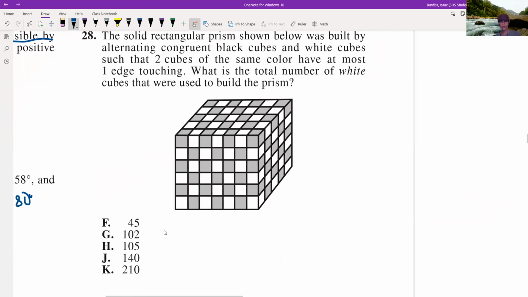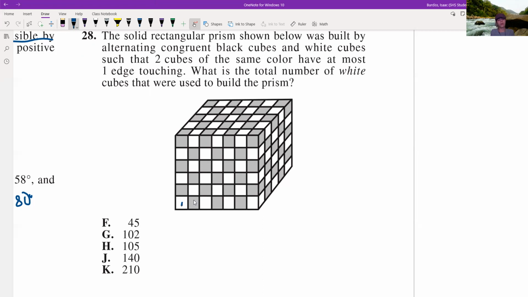What is the total number of white cubes that are on this prism if on all sides it cannot touch the other white cubes?